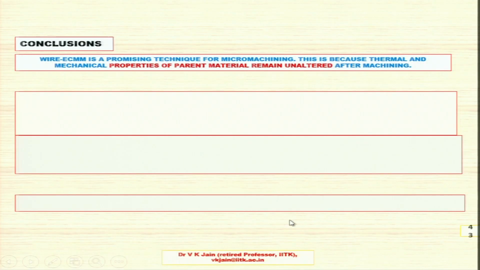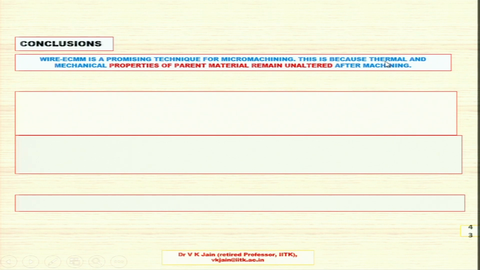Conclusions: wire ECMM is a promising technique for micromachining. This is because thermal and mechanical properties of the parent material remain unaltered after machining, because in wire ECMM you are not generating any kind of heat.